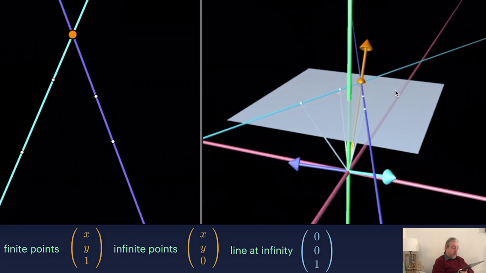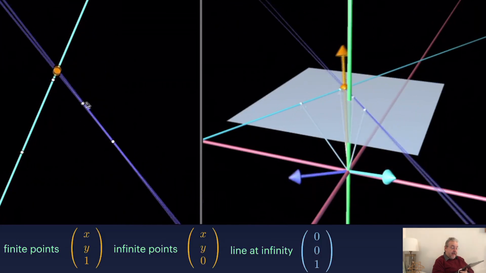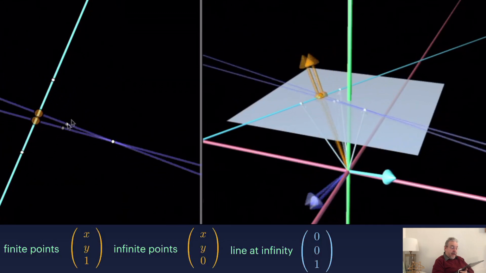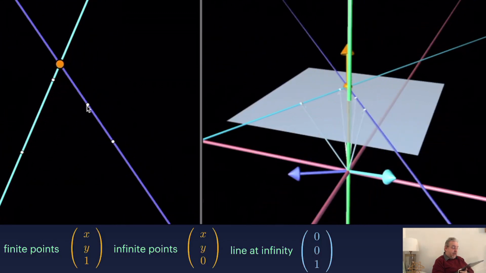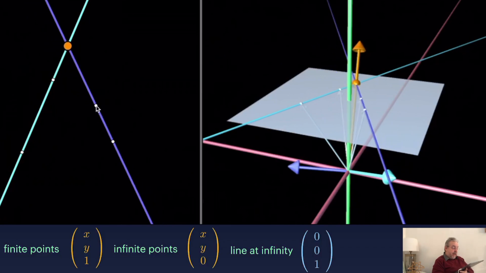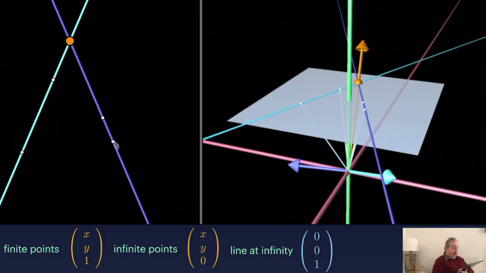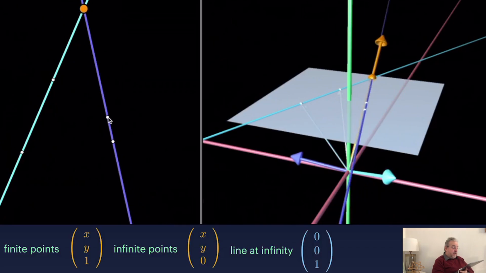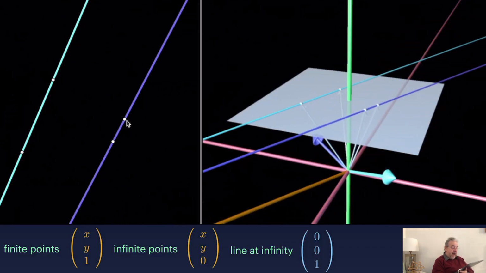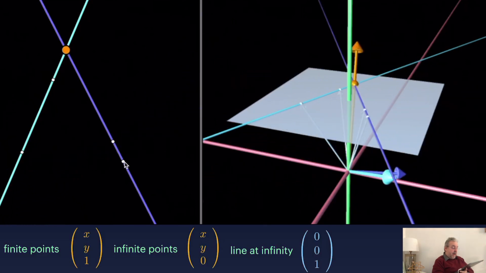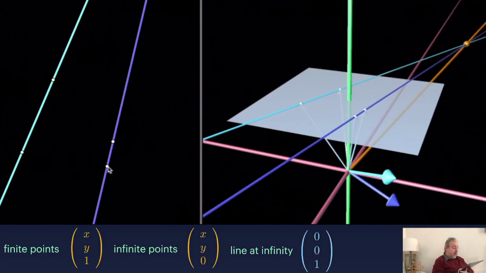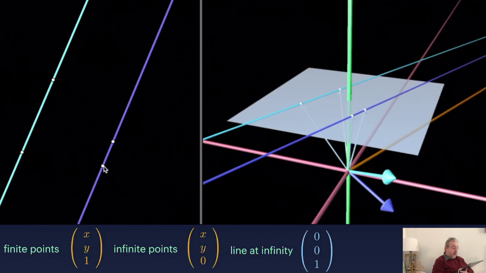And now let's do a few experiments. Let's first move our lines a little, and you see how everything behaves nicely. Now let's do the following experiment. Let's rotate this little white point here around the other one and see what happens. Our orange point moves very far out and comes back from the other direction, and this essentially corresponds to passing through infinity.